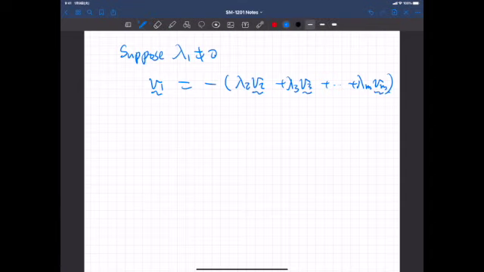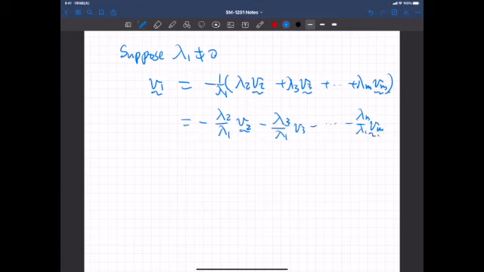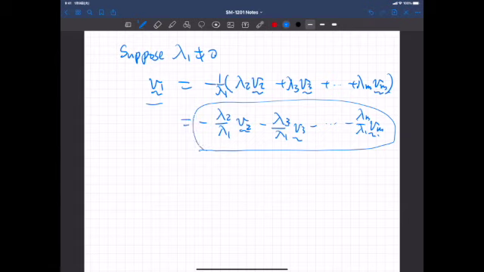So v1 can be expressed as this. So in other words, v1 can be expressed as a linear combination of all other vectors. See? So v1 is actually a linear combination of other vectors. So in this sense, v1 depends on other vectors, so they are linearly dependent.